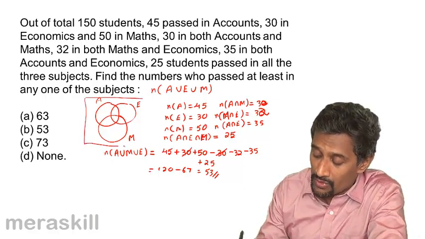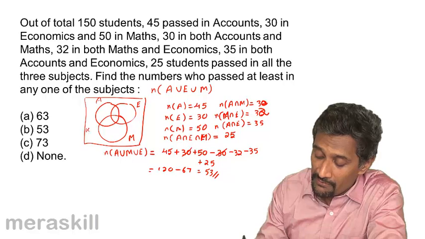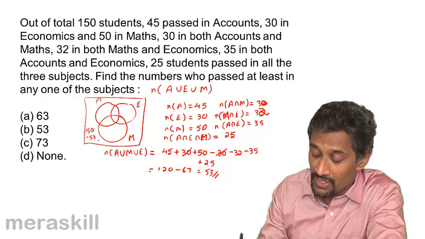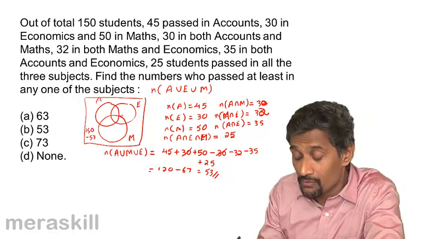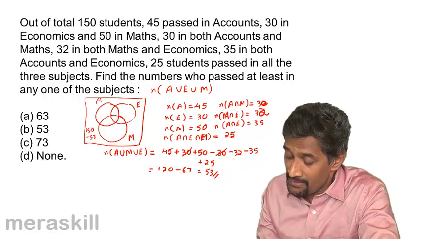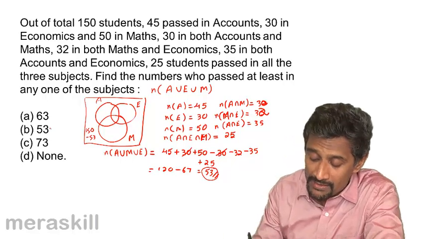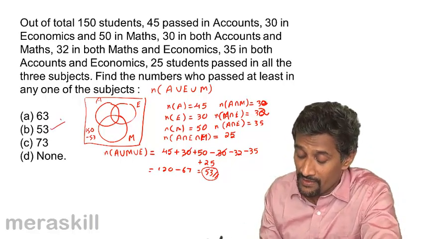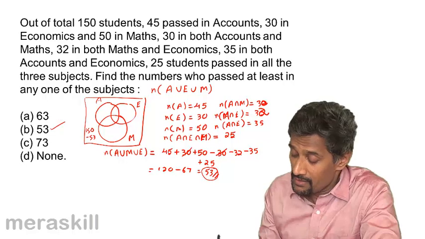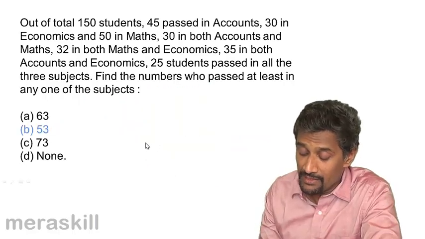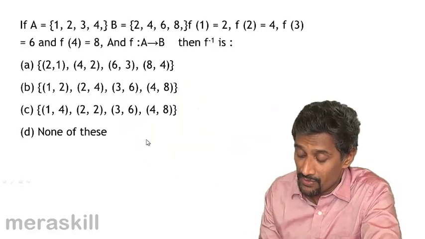Obviously, the total is 150. So the remaining 150 minus 53 did not pass in even one of the subjects. Hence, the answer is 53 of them who passed in at least one of the subjects. Yes, we do have it as 53.